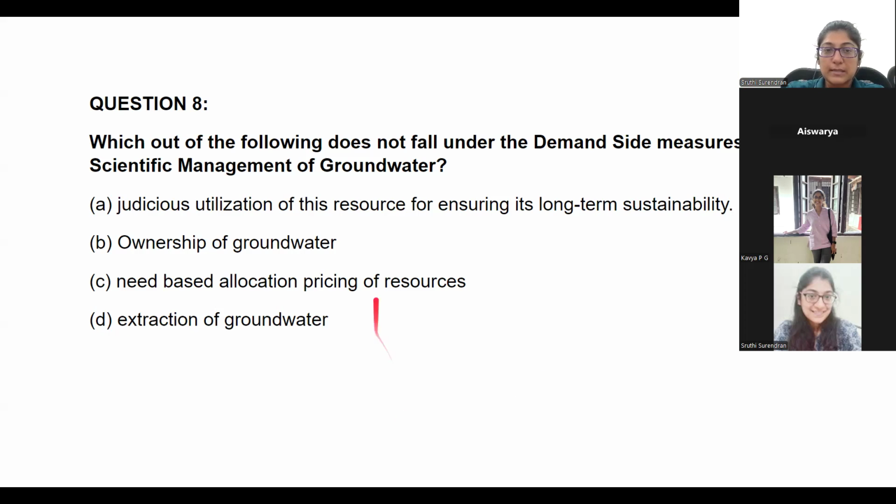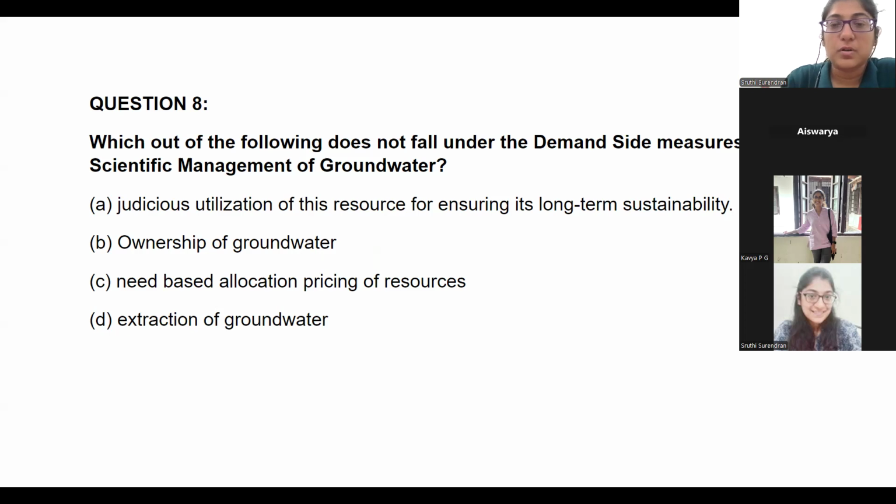So judicious utilization of management to ensure long-term sustainability is coming under demand. Then taking ownership of the groundwater is also coming under demand side. It is one method through which we can develop the sense of responsibility to conserve groundwater. Then need-based allocation pricing of resources: according to the type of demand or requirement of groundwater resources, allocating prices to the resources is another way of demand side measures.